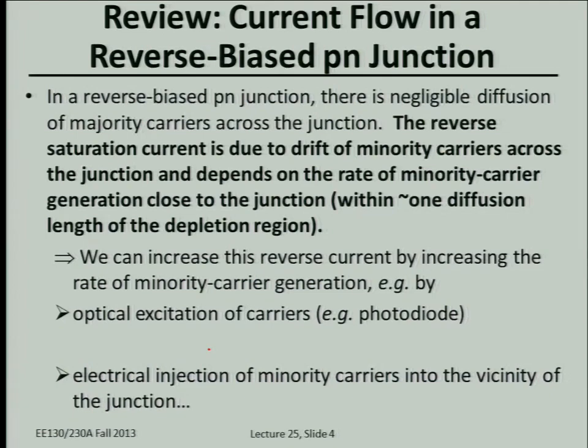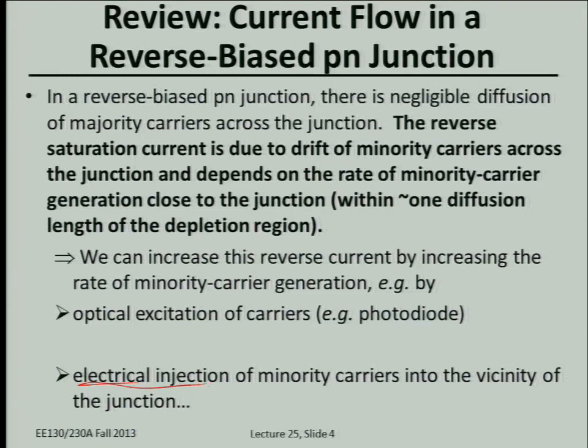And if the base is less than one diffusion length, those injected minority carriers can diffuse to the reverse biased collector PN junction and affect the collector current. So basically, it's what we studied before. You can modulate the reverse bias current of a PN junction, but rather than shining light, you do it by injecting minority carriers electrically with a forward bias PN junction. That's the idea summarized here on this slide.